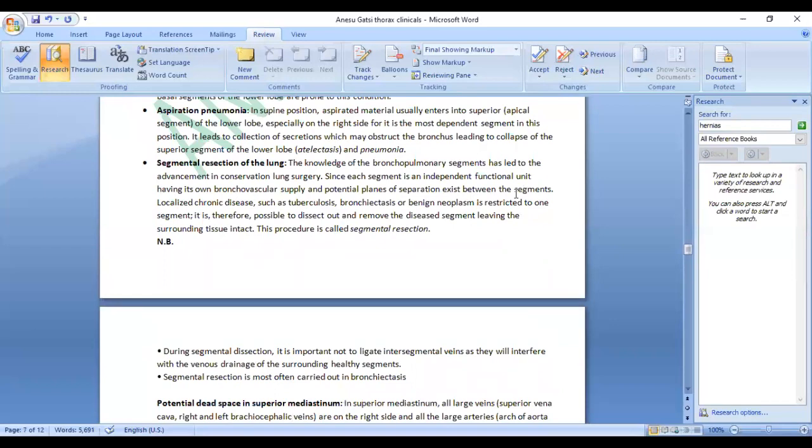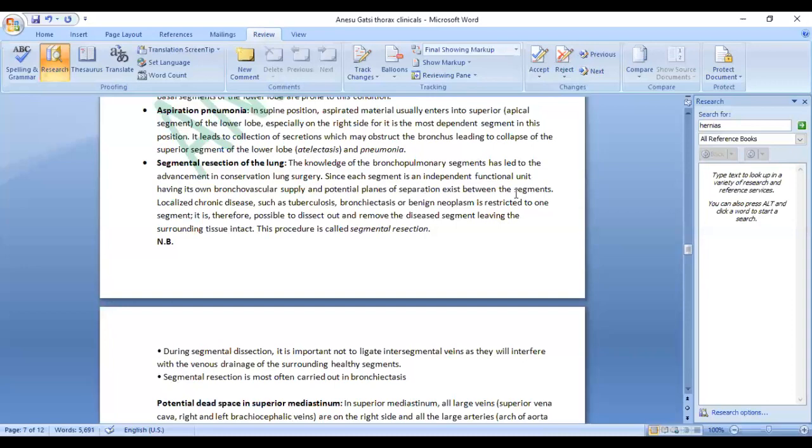Each bronchopulmonary segment has its own artery and nerve, but the intersegmental veins will be in the connective tissue between two bronchopulmonary segments. It's important not to damage these intersegmental veins because they would interfere with the venous drainage of the surrounding healthy segments. So you excise all the other tissue but preserve the veins within the interlying connective tissue.